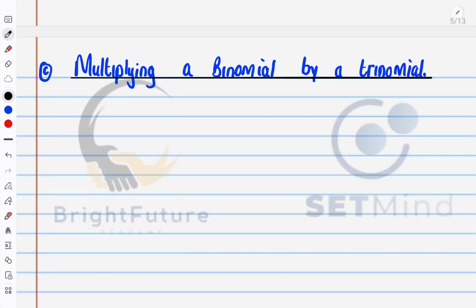So we're multiplying an expression with 2 terms by an expression with 3 terms. That is what this means. Okay, let's go ahead and do it.